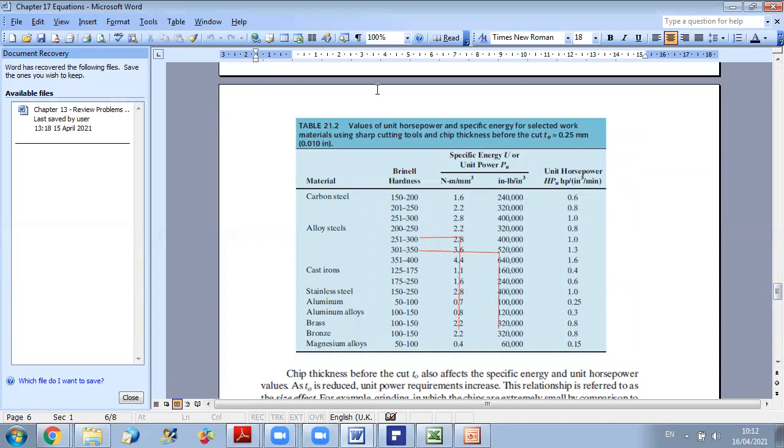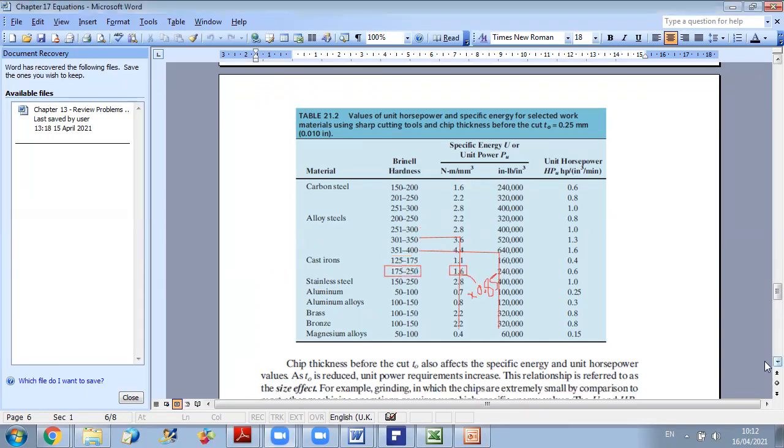So you go to the table, you select your material in this range. For the value of my specific energy, I will take 1.1, but I should multiply this value because the thickness is different than 0.25. So for a thickness of 0.5, I should multiply it by 0.85. And in this way, I did the required correction, okay?